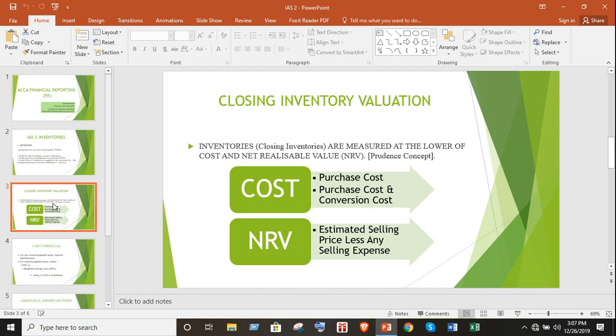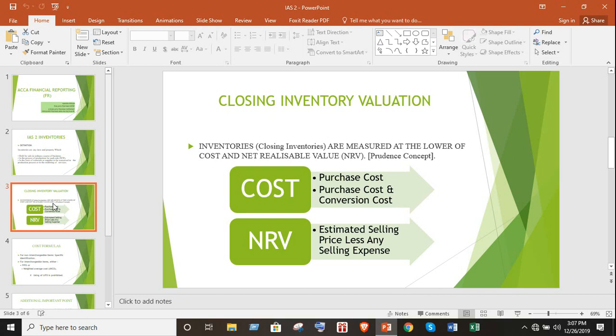Those costs should not be included because they are not directly related to producing the inventory at its current location or condition. And I hope you already know about the conversion cost. The conversion cost is the cost of converting the raw materials into finished goods. So that's the third component of cost.